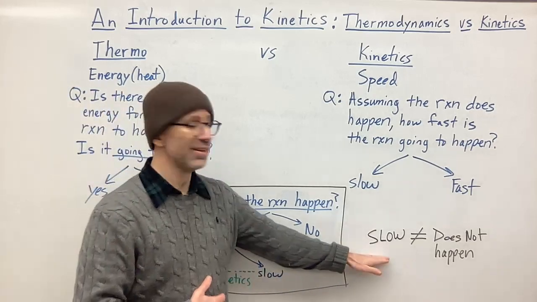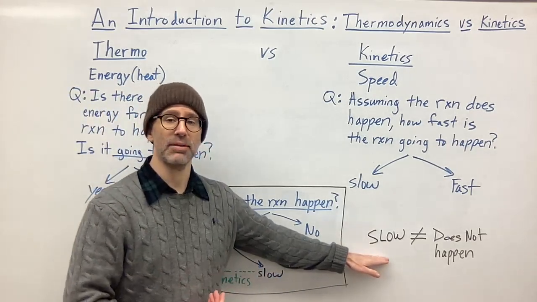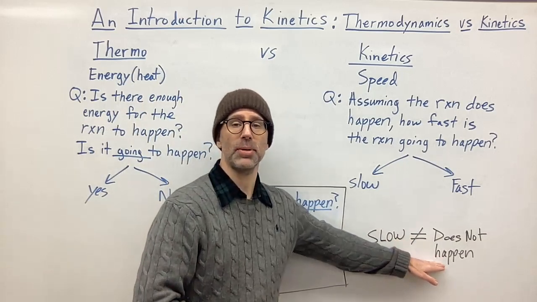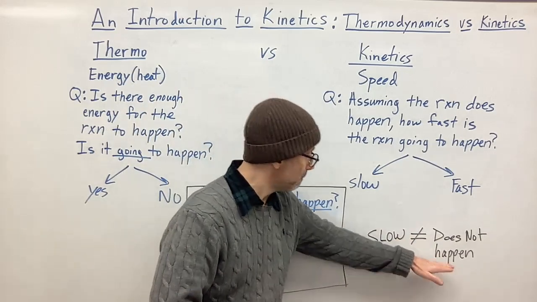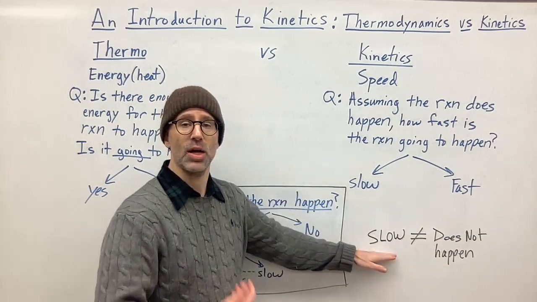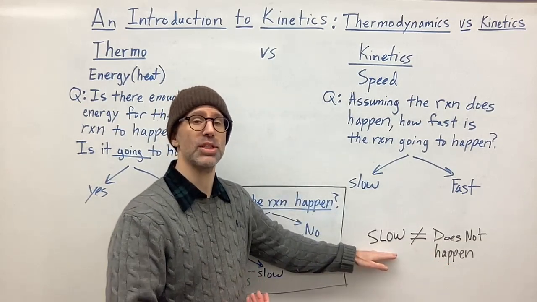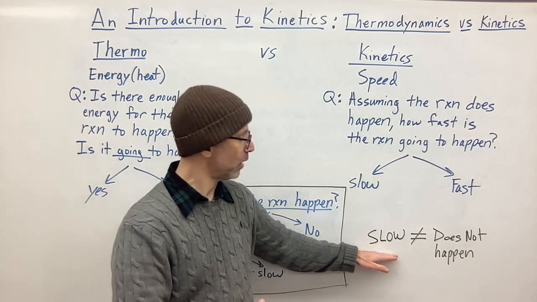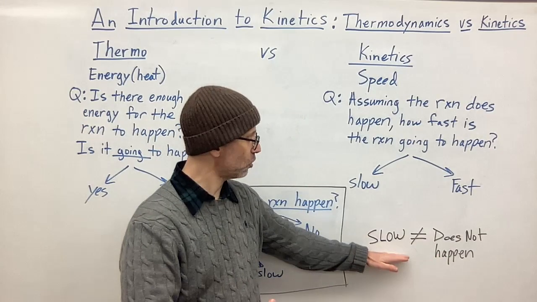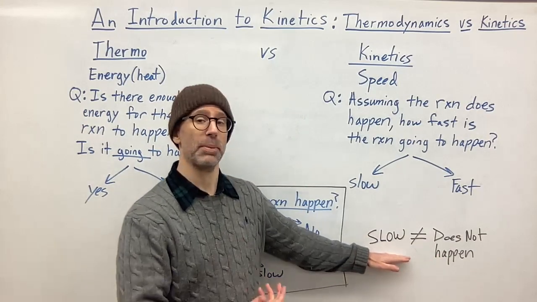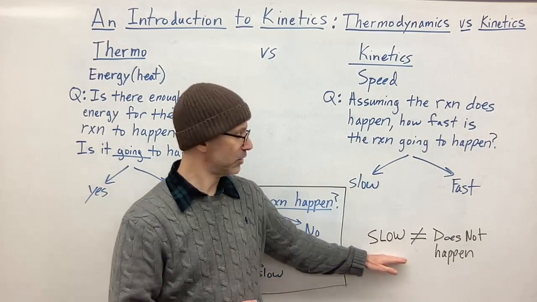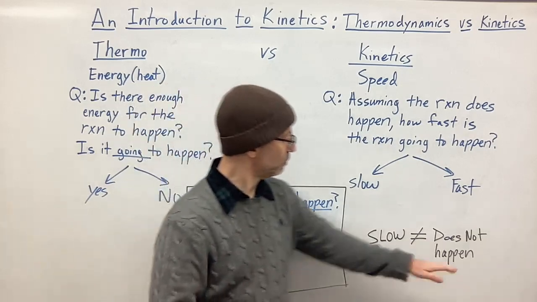Slow does not mean it's not going to happen, right? Does not happen is the realm of thermodynamics. But if it does happen, then it could be slow. Something that happens really, really slowly is still happening, right? So don't get mixed up with this. Slow means that it's happening, but it's really slow, or slow compared to other reactions, and so on.